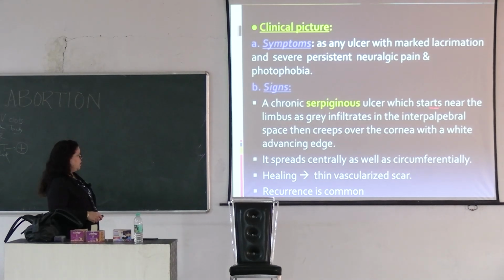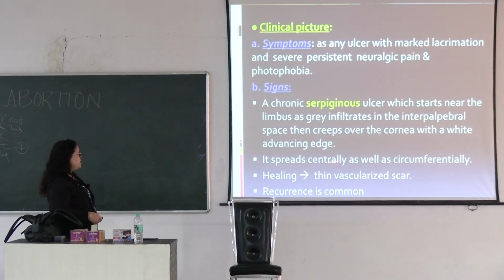It also affects the limbus as gray infiltrates in the interpalpebral space. The interpalpebral space is affected first, then it grows upwards and downwards, then it involves the whole 360 degrees of the cornea.